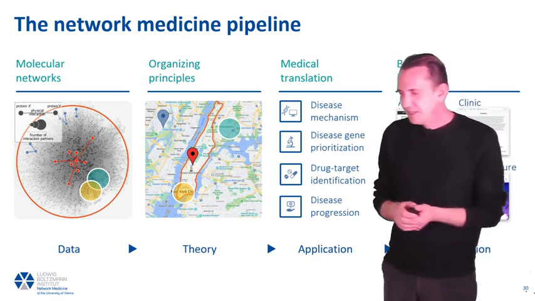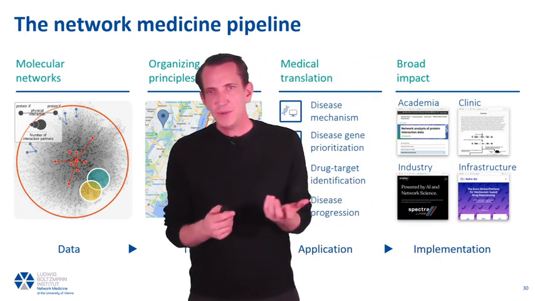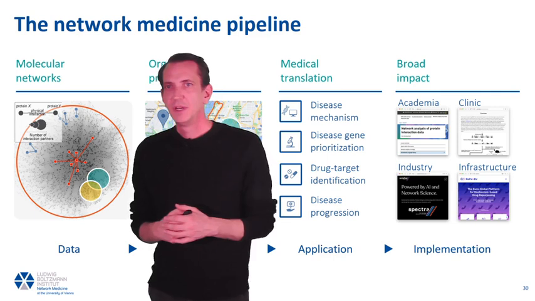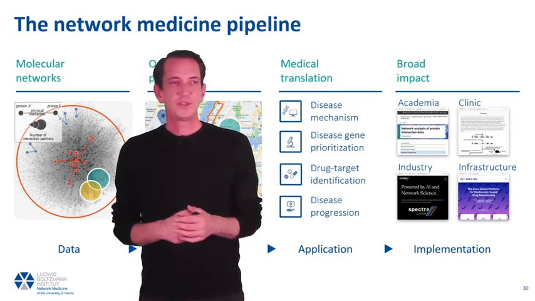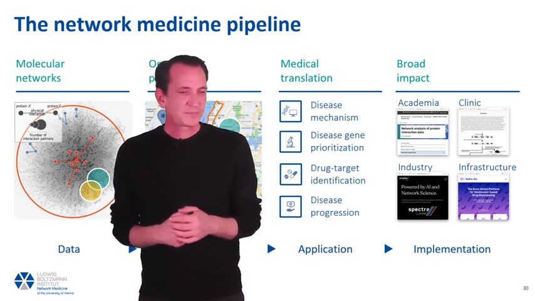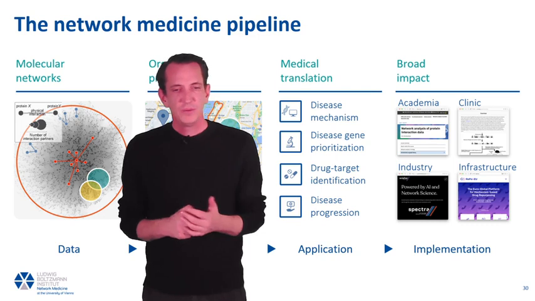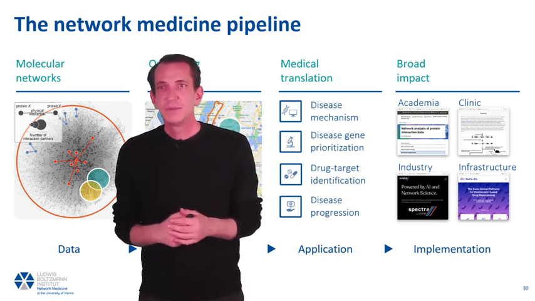And finally, over the past couple of years, all of these very basic insights have also been started to be converted into concrete impact across sectors. So in academia, these are really now part of the standard toolbox of, well, biological sciences.